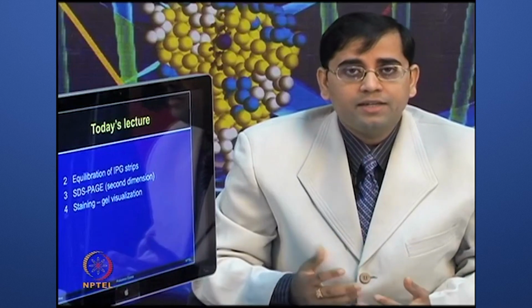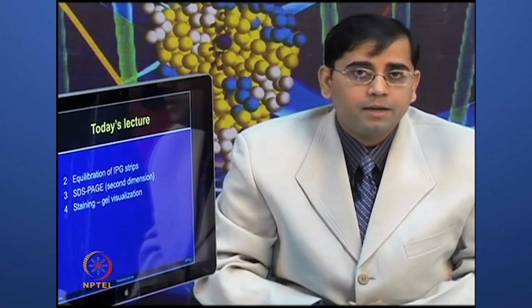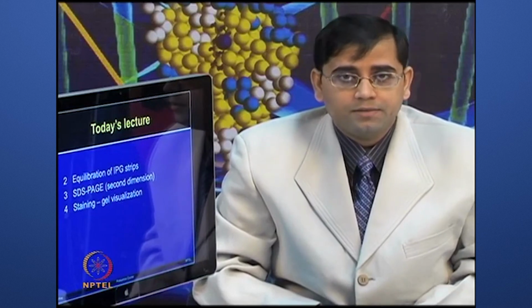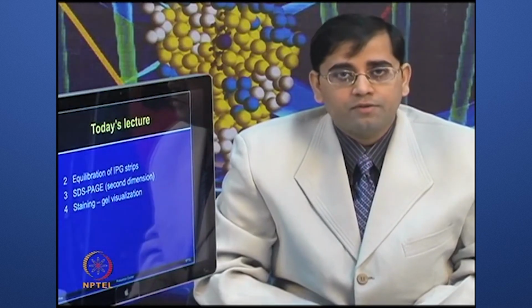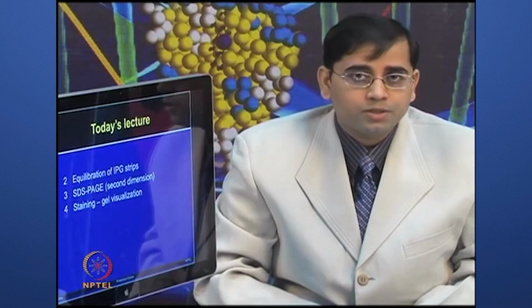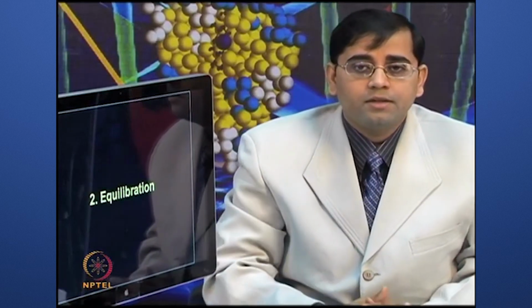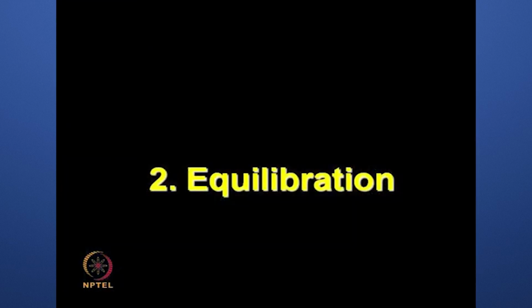So, you can try different types of staining methods depending upon your requirement and your protein yield. We will discuss the different staining methods which can be used. So, let us start with the first point, equilibration.